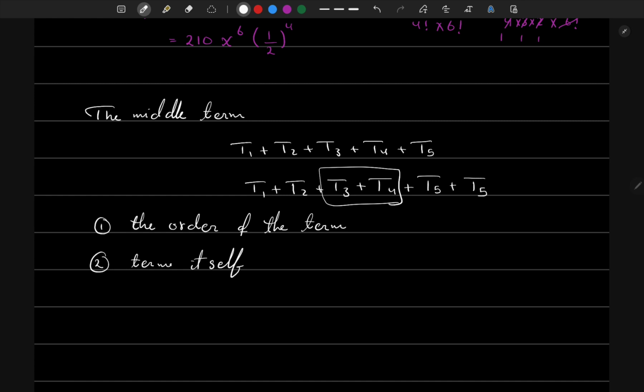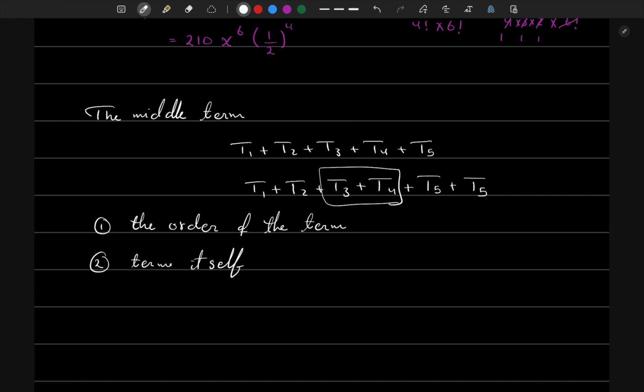Now, a lot of people make the mistake of confusing the order of the term and the term itself. For example, they are asked to find the middle term, and they end up in 2 lines telling you that the middle term is the fifth term. That would be a mistake because you're not asked to find the order of the term, you're requested to find the term itself.